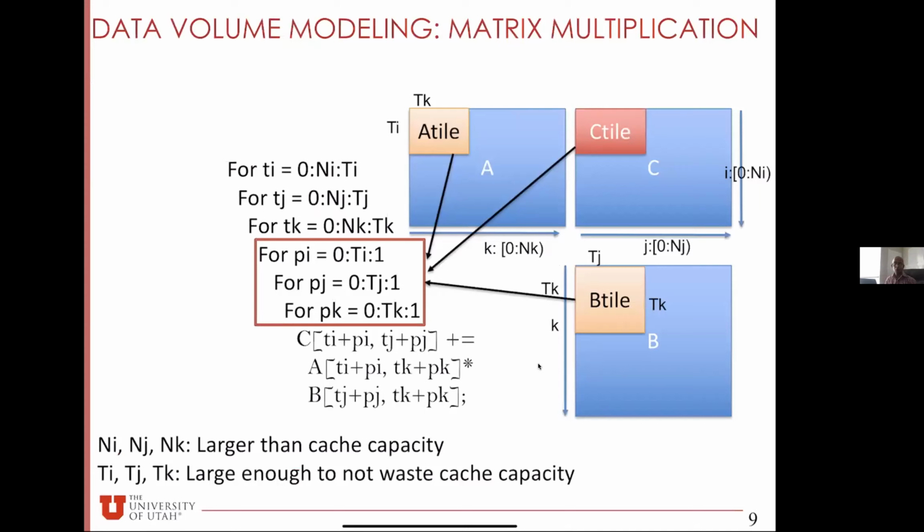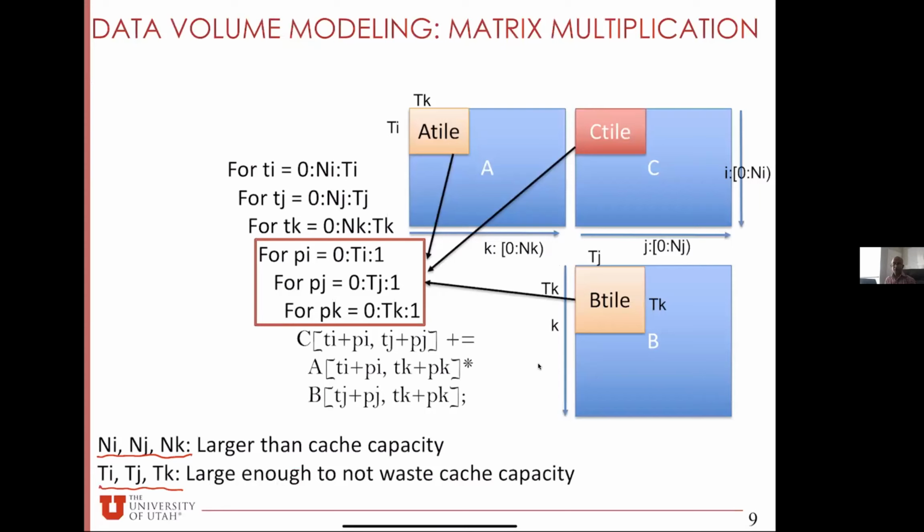So those are point loops Pi, Pj, Pk going over tile extent Ti, Tj, Tk. So the problem sizes are Ni, Nj, Nk, and we assume that these are much larger than the cache capacity. And we're going to choose some parametric tile sizes Ti, Tj, Tk for the 3 dimensions. And we assume here that these are large enough that we are not going to waste cache capacity.